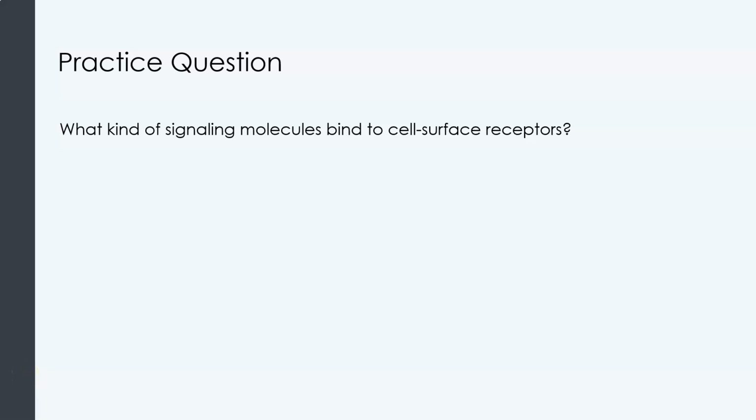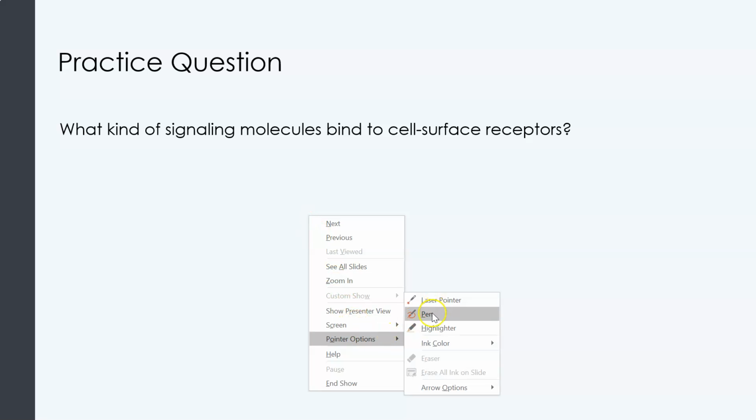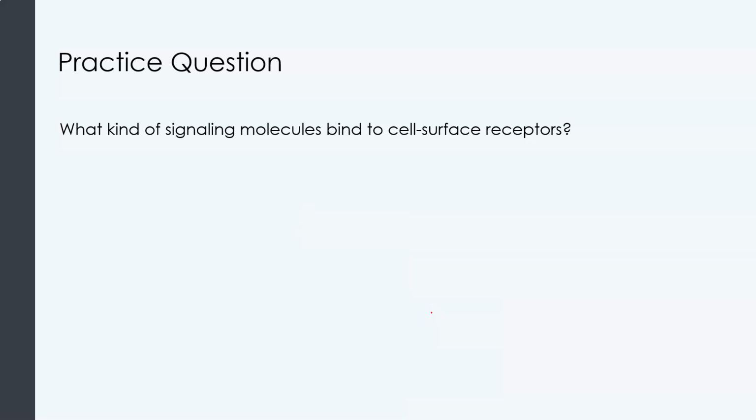This is part 2 of the cell communication lectures. I wanted to come back to this practice question because I realize it's asking more than just what kind of signaling molecules bind to cell surface receptors. The question means to ask, is the signal hydrophobic or hydrophilic?